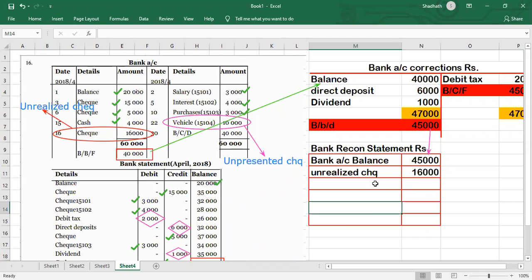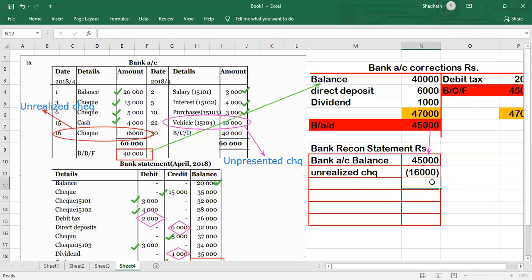So what do you have to do? First point, we have to deduct this unrealized check from the bank account balance, because we thought it increased the bank balance, but actually it did not.